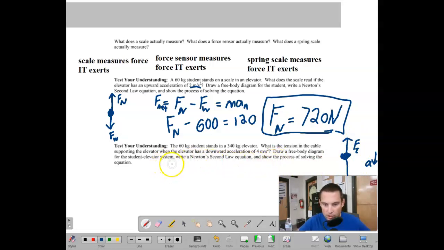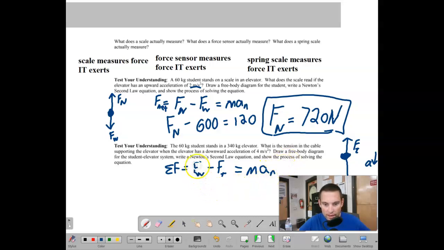Newton's second law equation: the net force, the stuff that makes it go minus the stuff holding it back. The weight is making it go, combined weight, remember, minus the stuff holding it back, that tension. What are we solving for? What is the tension? So we're solving for tension, equals total mass times net acceleration.